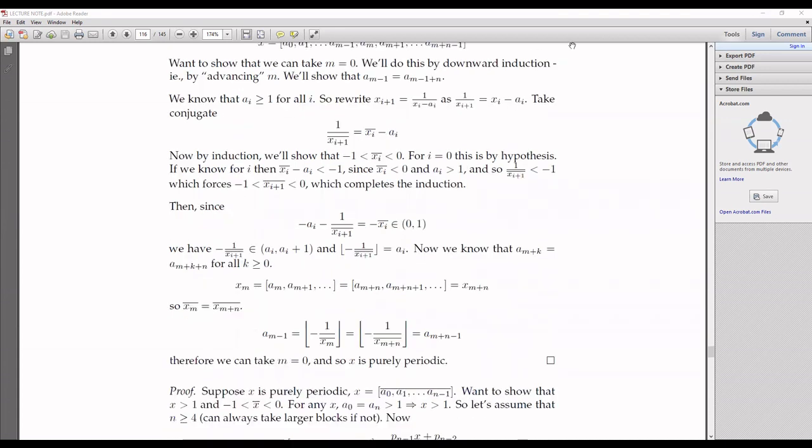Here it is finally, because this is what we were trying to prove, right? am minus 1 is am minus 1 plus n. Let's see why. According to this statement, if you replace i by m minus 1, you would get am minus 1 is this guy.